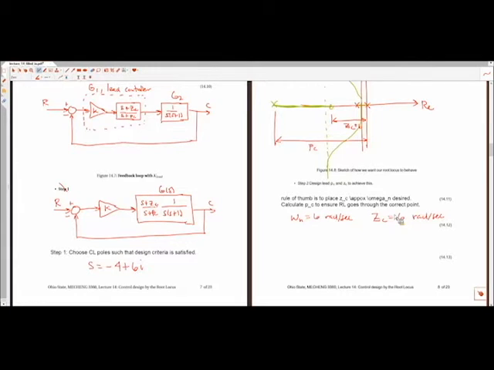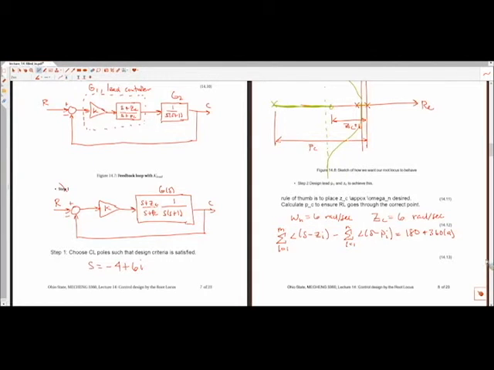So the angle criteria, as a reminder, is that if we have some sort of test point, S, and this test point is on the root locus, then we'll have the property that the summation of all the angles of vectors running from the 0 locations to that test point minus the summation of all the angles of vectors going from the pole locations to that test point has to be equal to 180 degrees or some 360 degree rotation of 180 degrees.